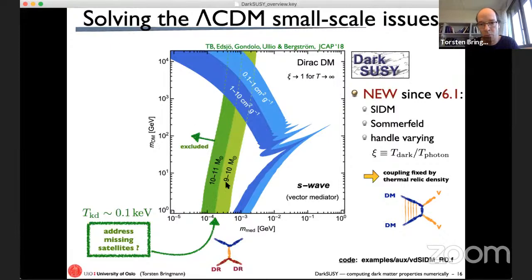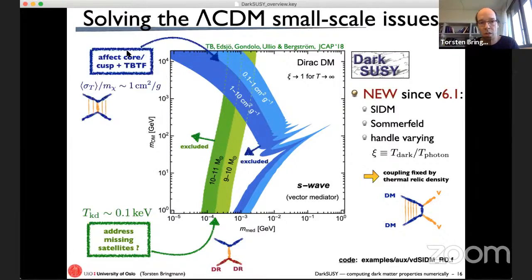In the green region, you would have the potential to address the missing satellite problem, if you think this is a problem. And then we can also calculate self-interaction rates. And again, everything to the left and to the bottom here leads to too large self-interaction cross-sections to be allowed, while the blue region itself can address what is known as the core versus cusp problem, for example.